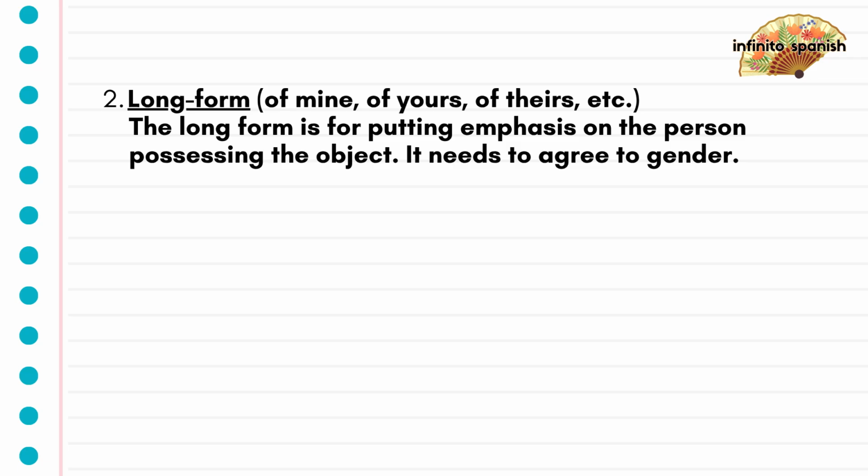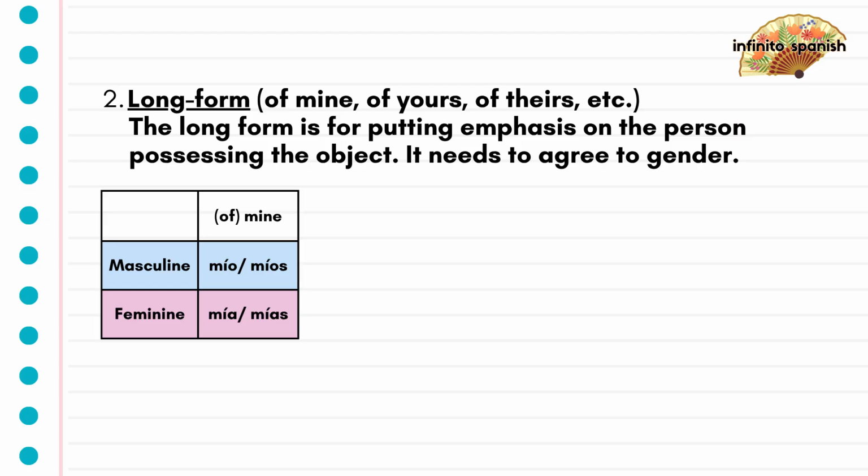Second is the long form possessive adjectives. These mean phrases like of mine, of yours, of his, of hers, or of theirs, and are used to place extra emphasis on who owns something. These forms also change to match the gender and number of the noun. Of mine, mío, mía, míos, mías.